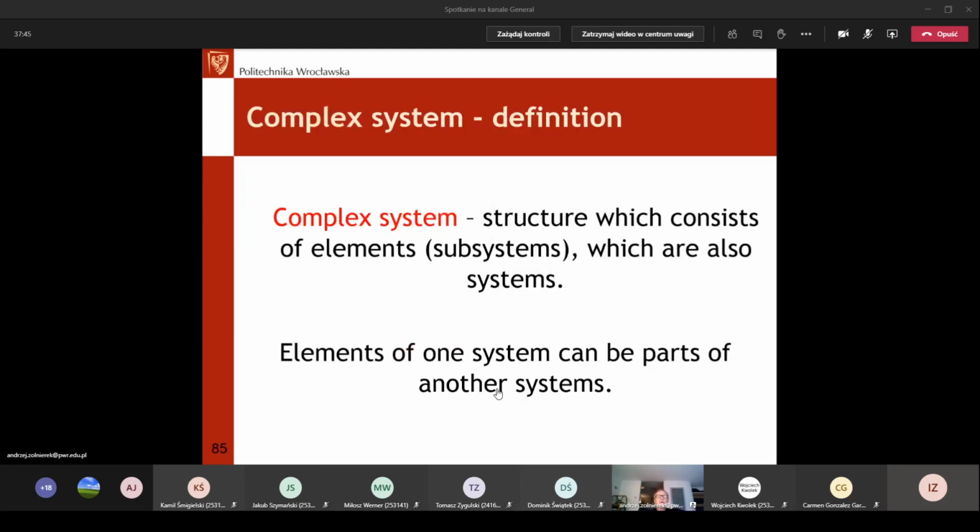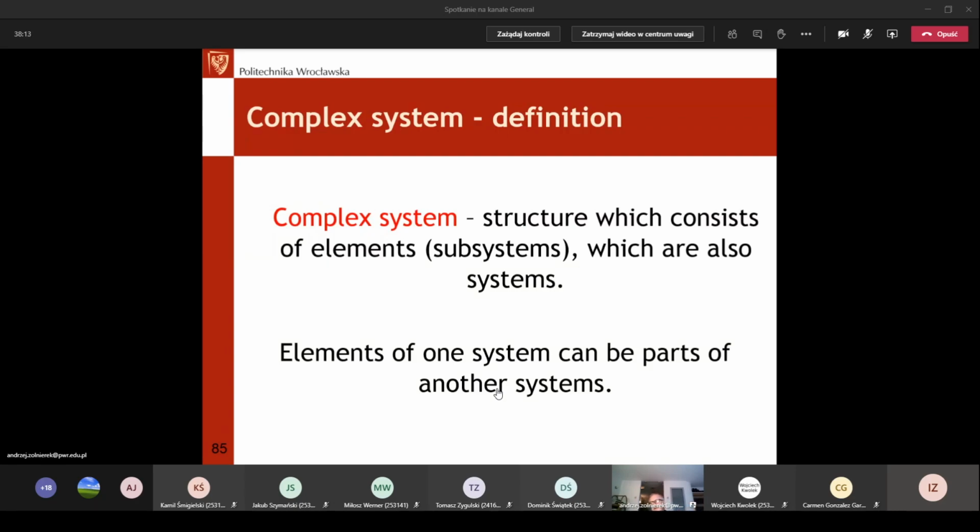Now we will consider the so-called aggregation problem. And we start with such a statement that in fact systems are built of elements or subsystems.